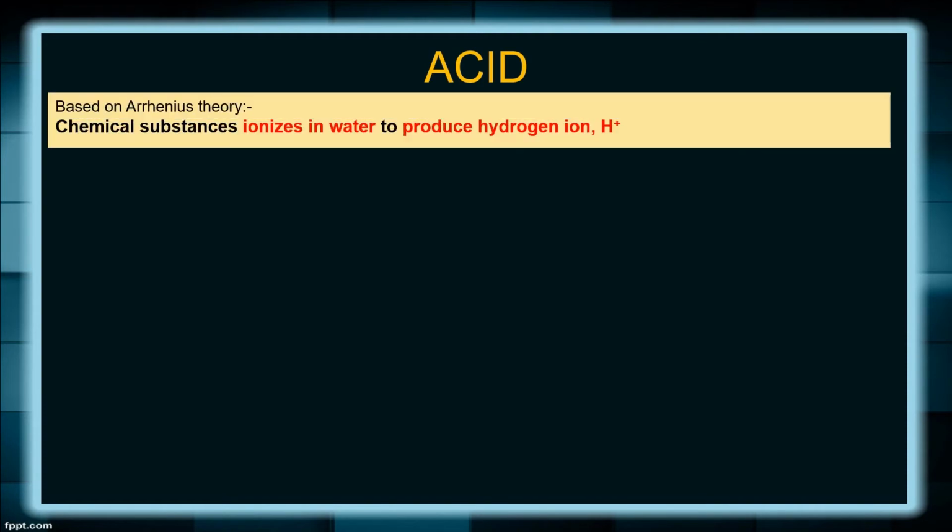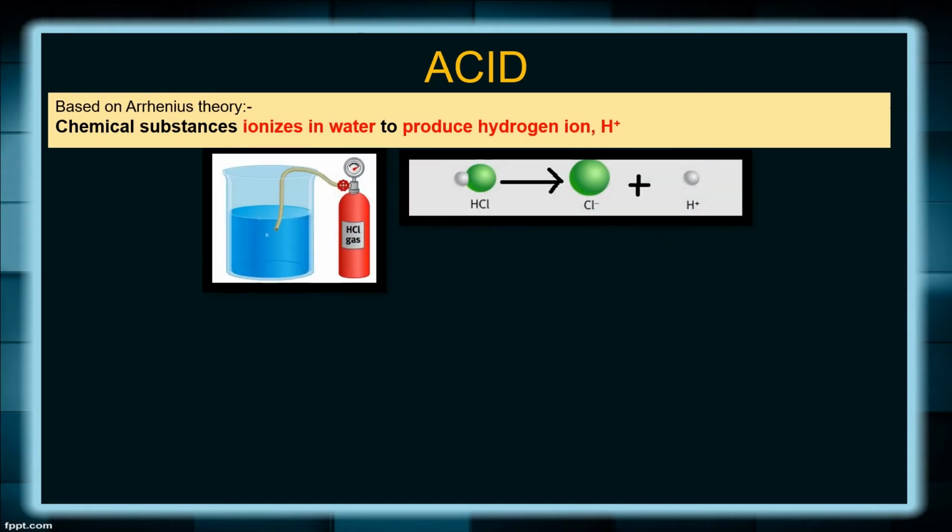Now let's look at the definition of acid. Based on Arrhenius theory, acid is a chemical substance that ionizes in water to produce hydrogen ion. As you can look here, when hydrogen chloride gas dissolves in water, what happens? For your kind information, hydrogen chloride gas exists in the form of molecules.